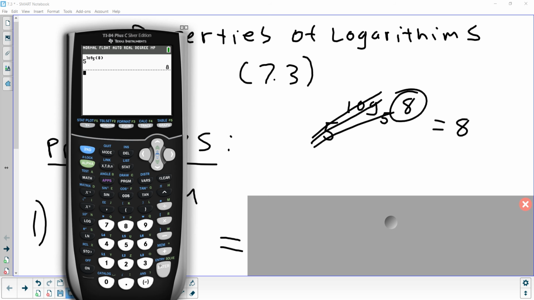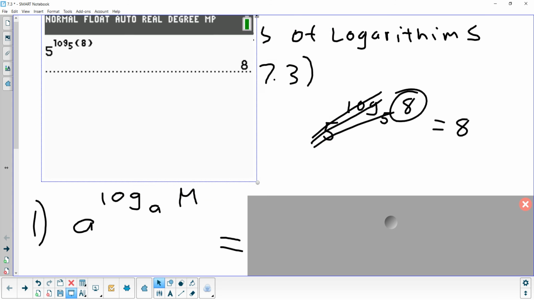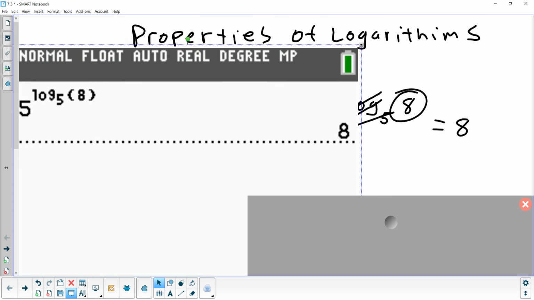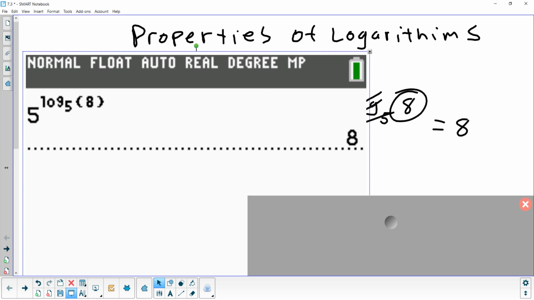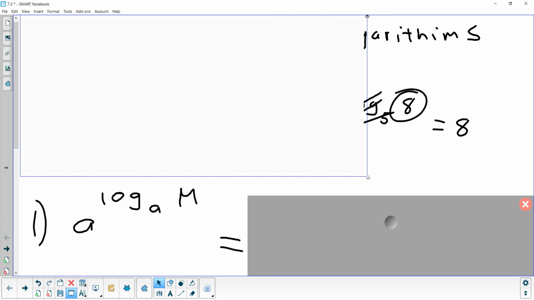And I'll hit enter. And so you can see it. I typed in 5 raised to the log base 5 of 8, and it gave me an answer of 8. If those 5s weren't the same, that pattern wouldn't work.